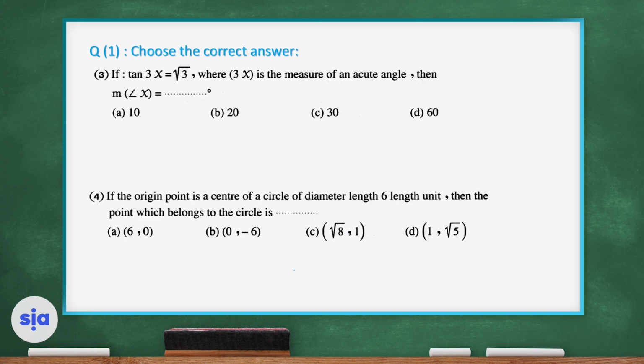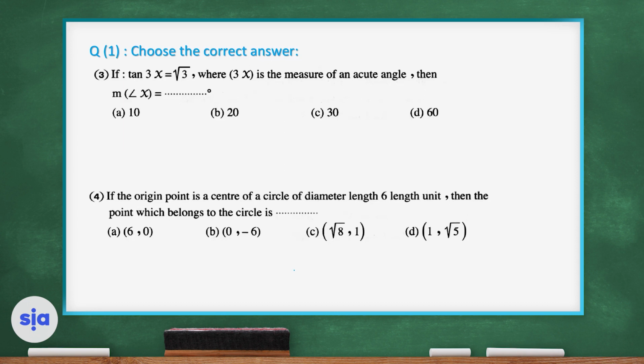Question 3. If tan 3x equals square root of 3, where 3x is the measure of an acute angle, then find the measure of angle x. If you check the special right triangles, you will see that tan what equals square root of 3? Yes, you guys are right.